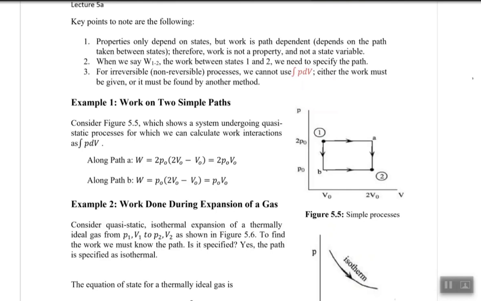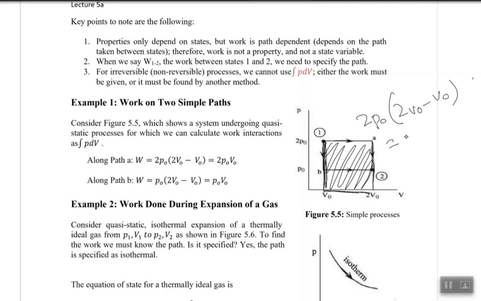Let me take the area under the curve of path A, which is this one. To find the area, this width is 2V0 minus V0, multiplied by this height, which is 2P0, and that is equal to 2P0 into V0. This is the one. Let me change the color.